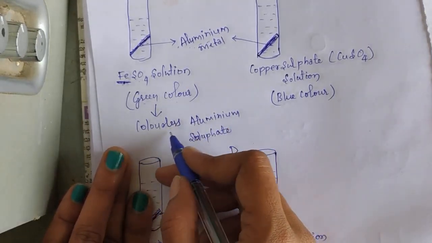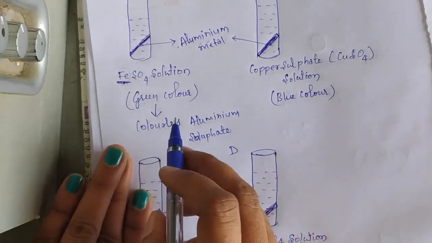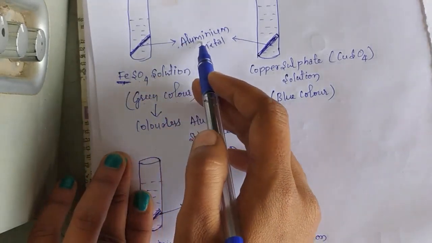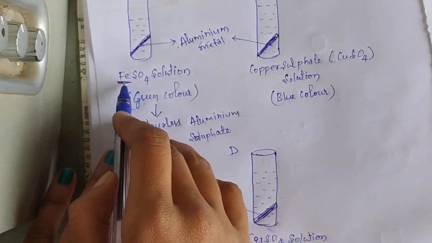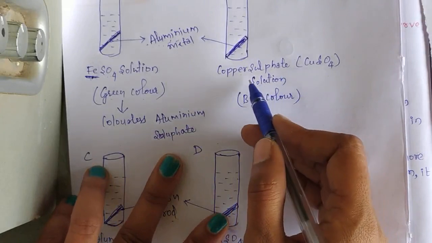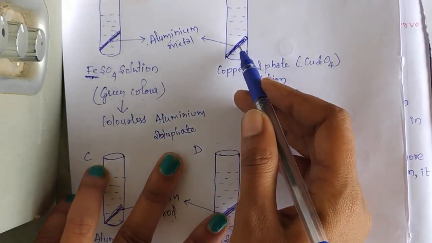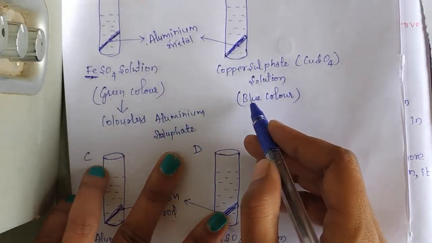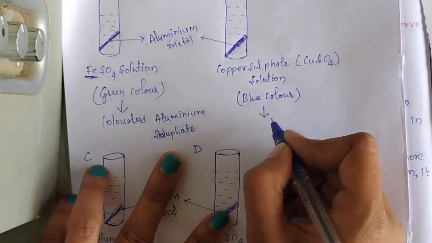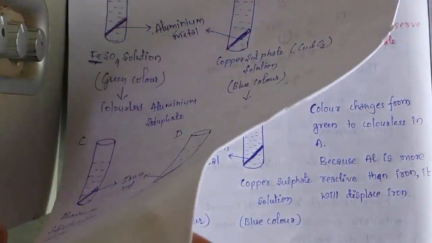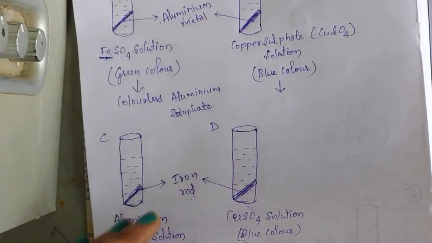It does not have any color. So here aluminum is more reactive than iron. In test tube B, what happens? The copper sulfate solution is placed inside, and aluminum metal is immersed. After some time, the blue color changes into colorless.